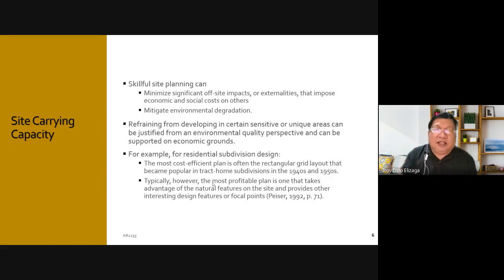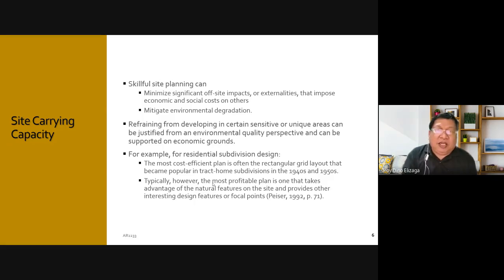It's also the same with planning. The use of the land, you can only do so much because there are other constraints. And that's why you have to be very, very good in planning, so that we can minimize the site impacts or externalities imposed by economic and social costs on others.